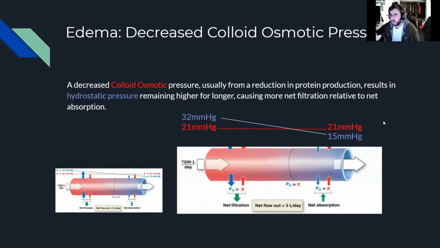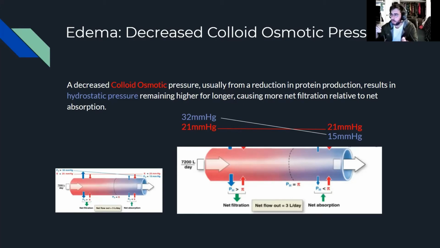The next possible reason is decreased colloid osmotic pressure. This isn't a strategy the body uses, it's more a disease that we have to deal with. Colloid osmotic pressure is, again, the concentration of proteins in the blood.